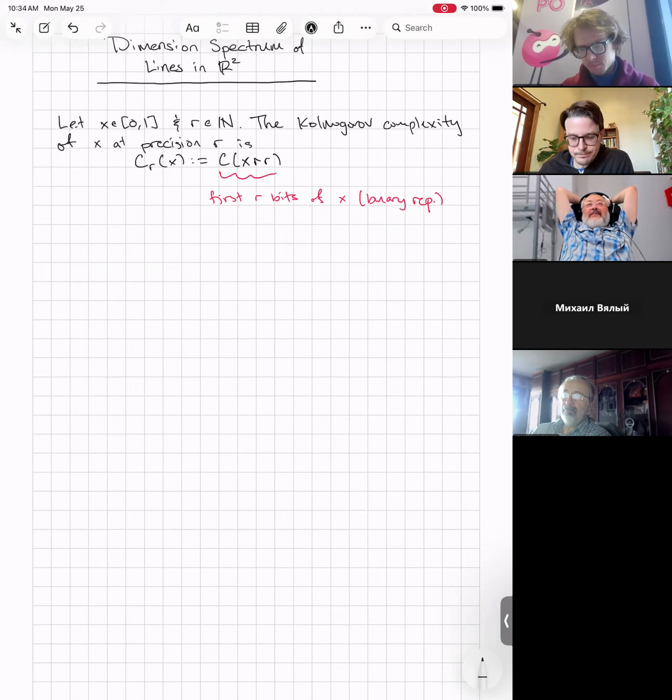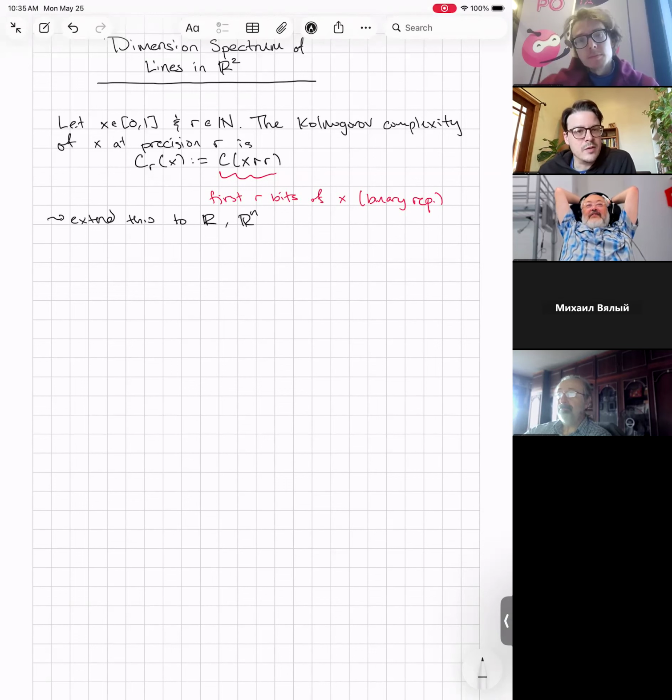Okay, this is for reals in the unit interval, but you can extend this easily to points in R and then to points in Rn in the usual way.